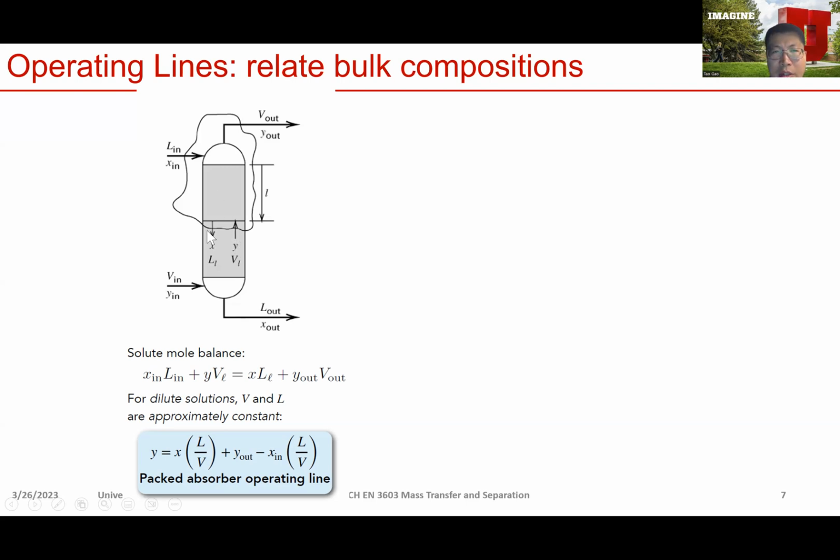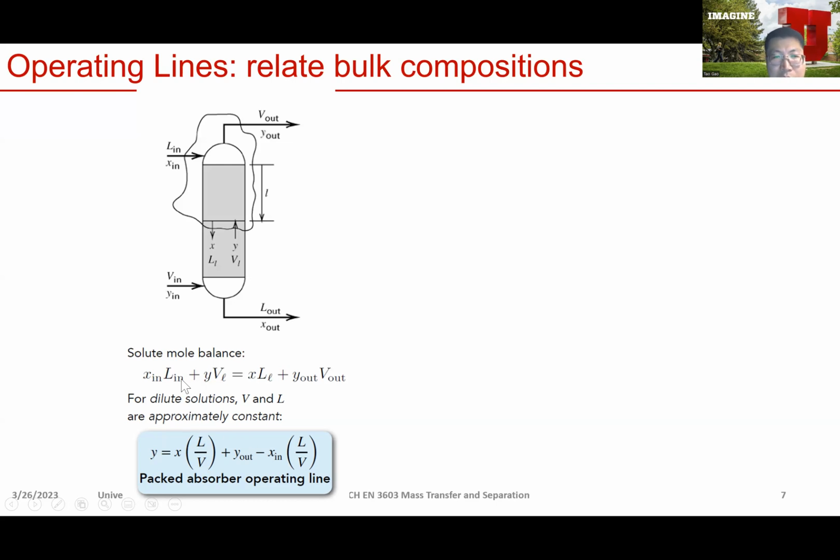So the total flow rate of the liquid stream will actually increase. But if we assume a dilute solution, that means the amount of solute is negligible or very small compared to the amount of your liquid absorbent or your carrier gas, right? In this case, we can assume the change of V and L is small, so they are approximately constant, right? That will help us to derive this equation here, right?